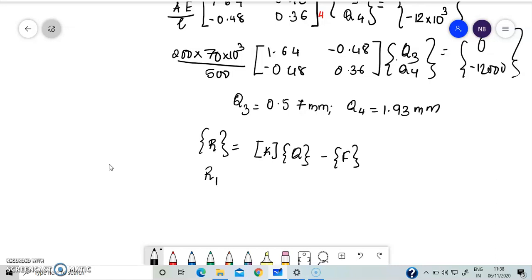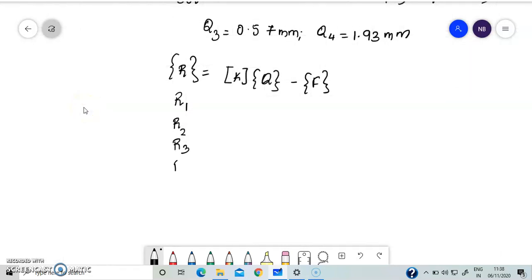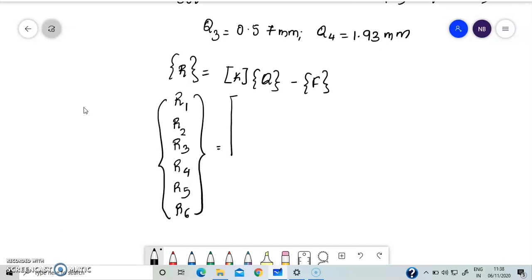Okay, so the reactions are R1, R2, R3, R4, R5 and R6. This K matrix that we're talking about is the 6 by 6 matrix that we had derived earlier. So I'm rewriting it.